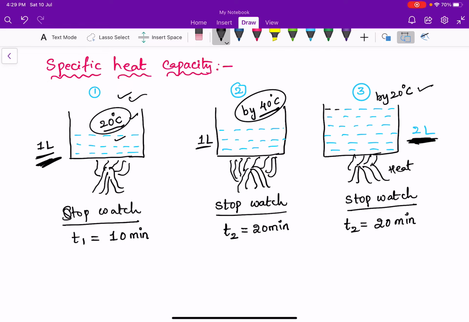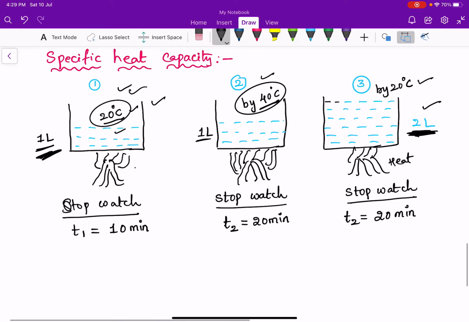The time taken would be around 20 minutes. That means the amount of heat energy supplied depends on the change in temperature. The amount of heat energy supplied also depends on the amount of substance taken inside the vessel.